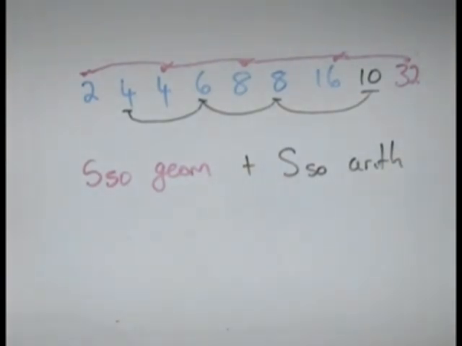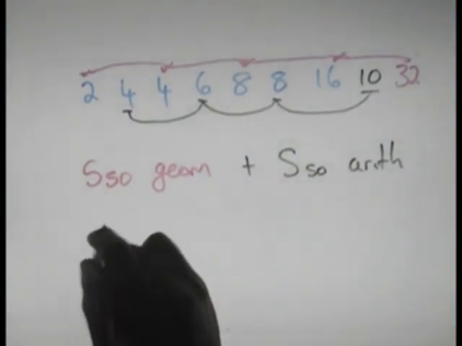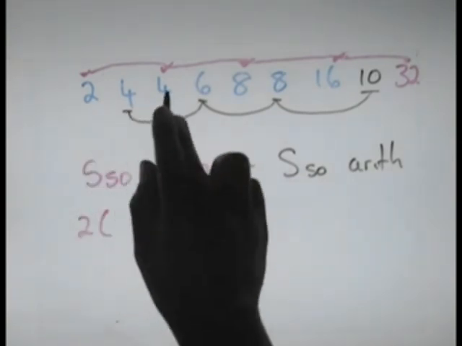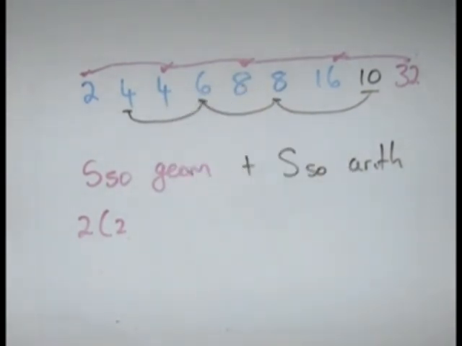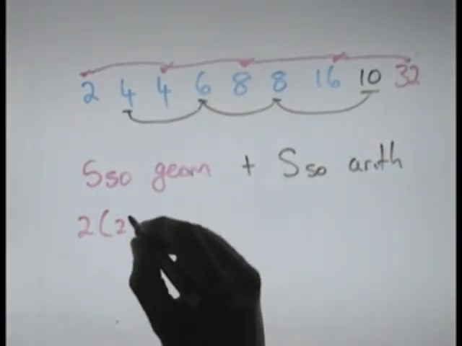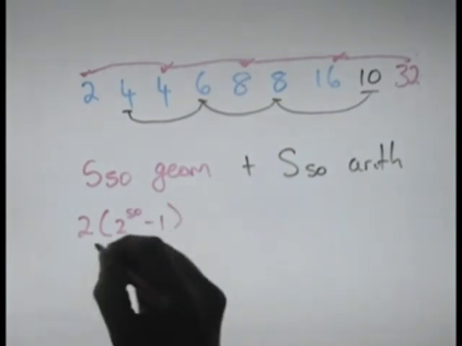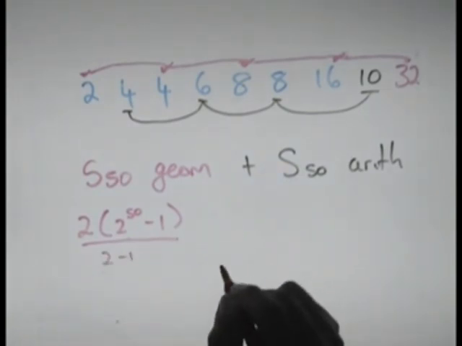Sum of the first 50 terms geometric would be A, which is 2, multiplied by our ratio, which is 2. 4 divided by 2 is 2. 8 divided by 4 is 2. Our ratio is 2 to the power 50 minus 1 over 2 minus 1.